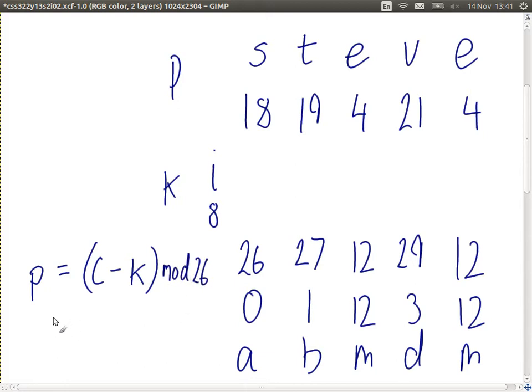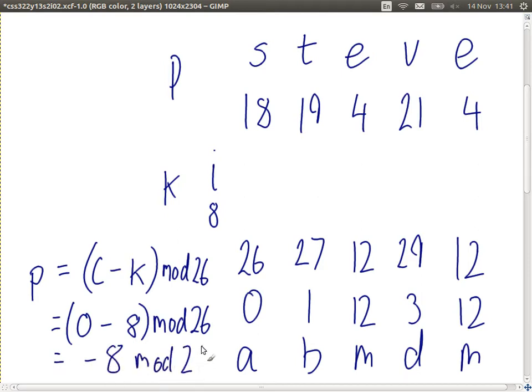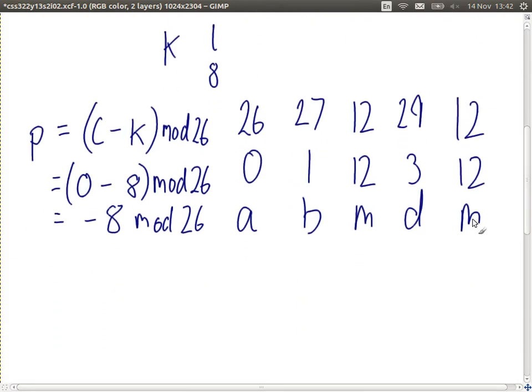In the first letter, C is 0, K is 8, we get minus 8 mod 26, which is, anyone remember mod? Minus 8, mod 26.